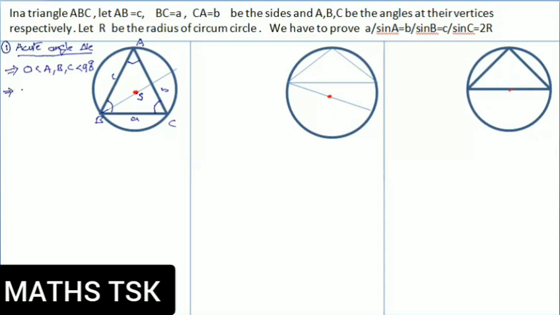What do we consider in the sides? a is equal to BC, b is equal to CA, and c is equal to AB be the sides of the triangle ABC.